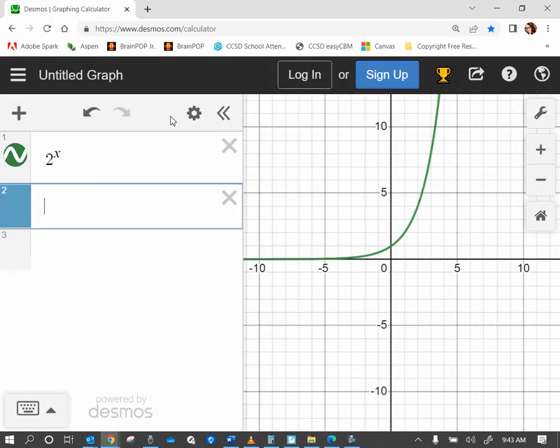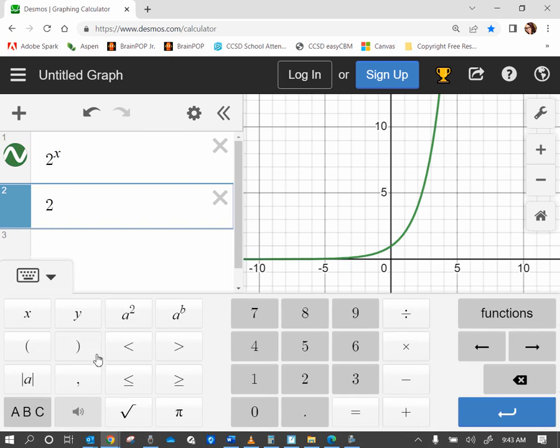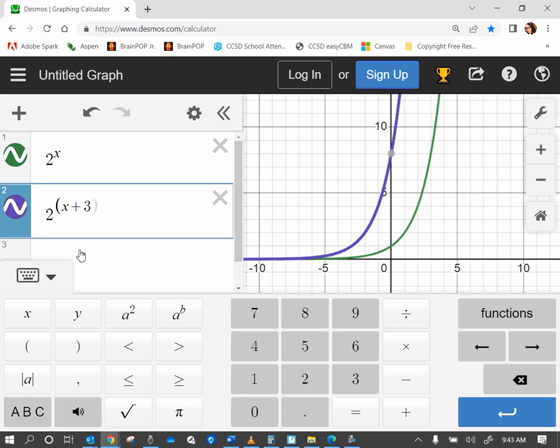So if we do 2 raised to the x power, but we do x plus 3, do you see that going from green to purple, the graph shifted to the left 3 units? So if you add with the x, you're going to the left.